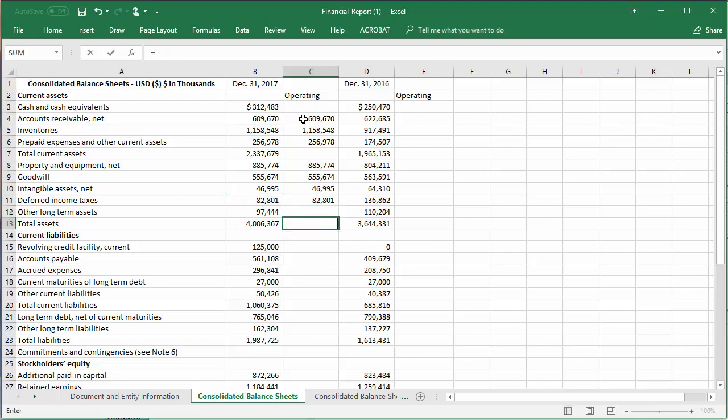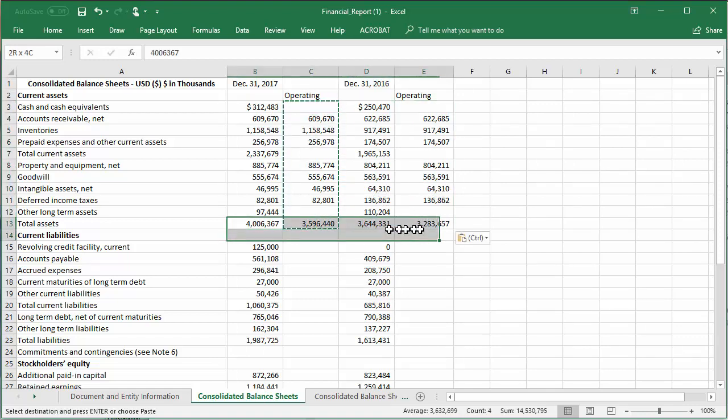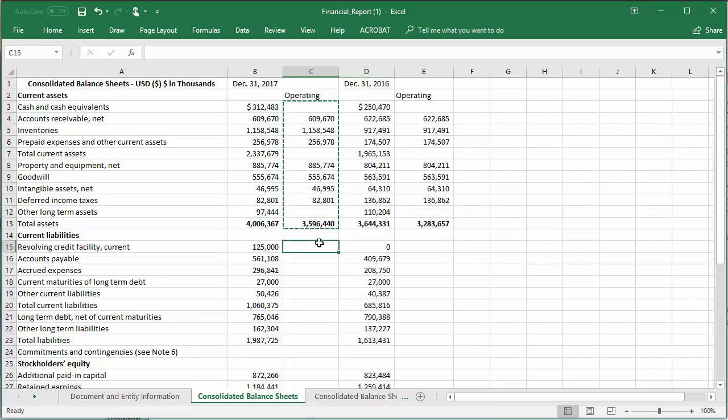So total operating assets would be the sum of these, or 3,596,000. It's really 3 billion. For 2016, for the prior year, I can really just take the same formulas because the same items that are operating this year would have been operating last year. And so I have a separate column that would show all the operating items.